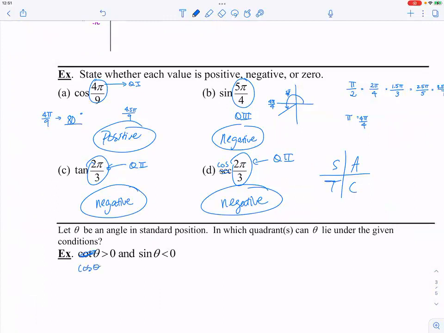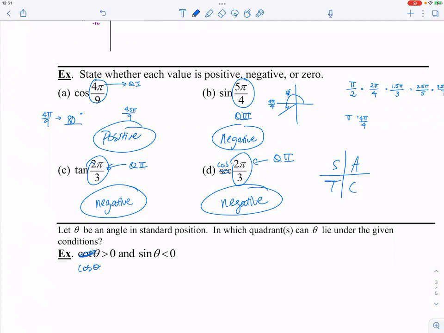Now I'll let you think about the last question. When will the cosine be positive, but the sine be negative? Which quadrant would satisfy this?